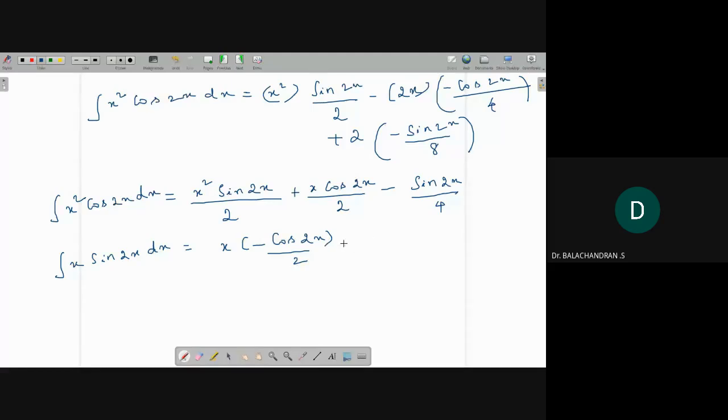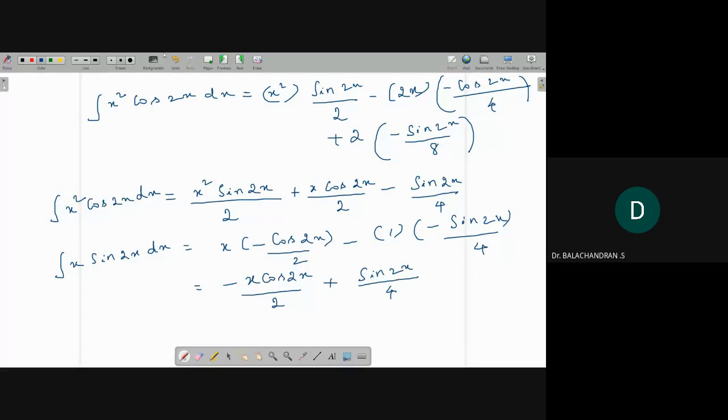Minus 1 into minus sine 2x by 4. So you will get minus x into cos 2x by 2, and then plus sine 2x by 4.